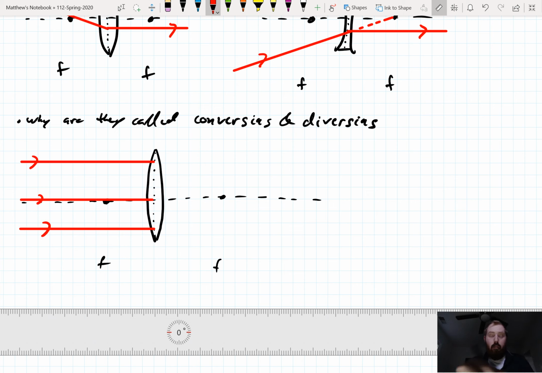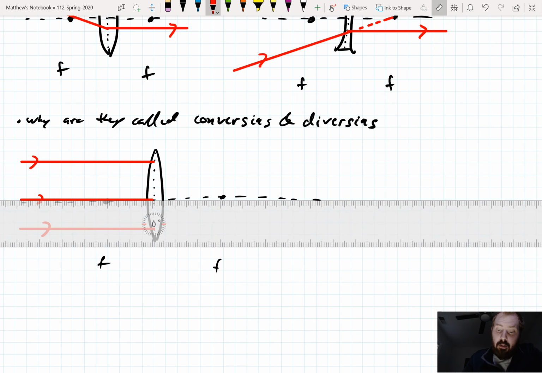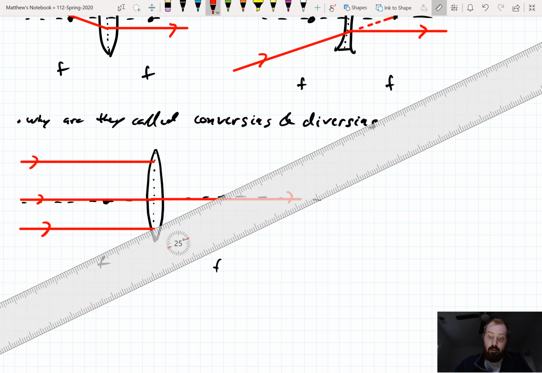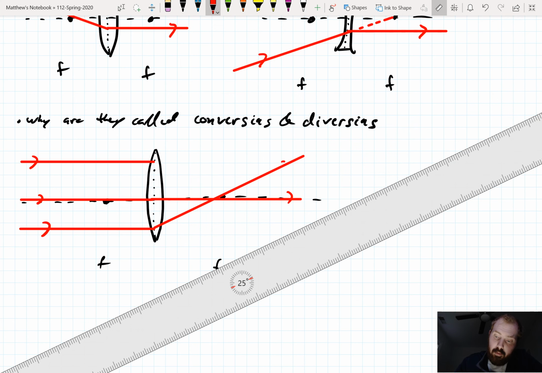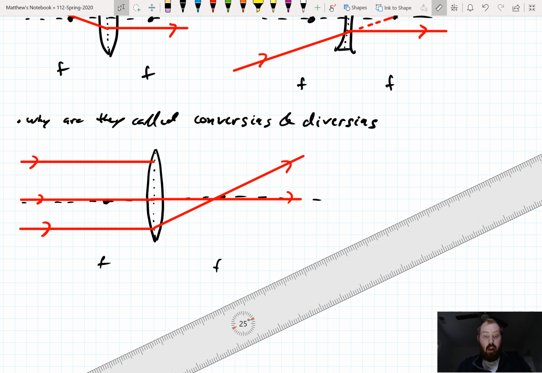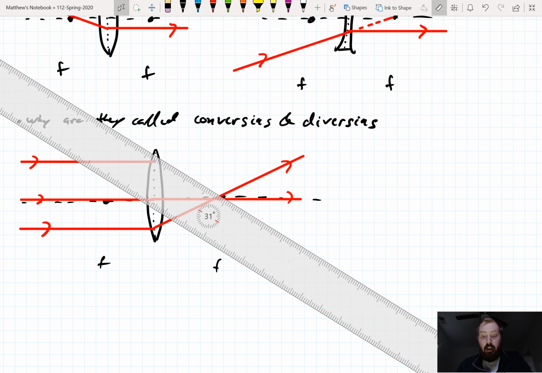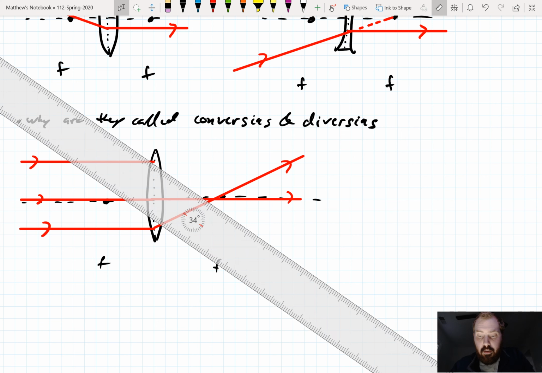All right, parallel rays come in. How do they go out? Well, let's do the easy one. If you cross through the center, you just get to keep going. If you're parallel to the optical axis, well, then you refract through the focus. And this one, parallel to the optical axis. So you gotta hit that focus.